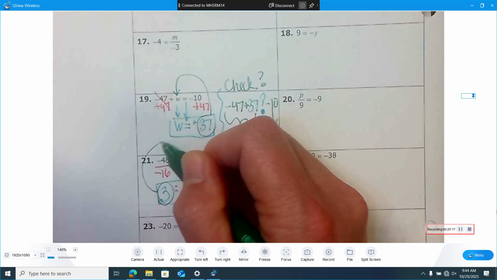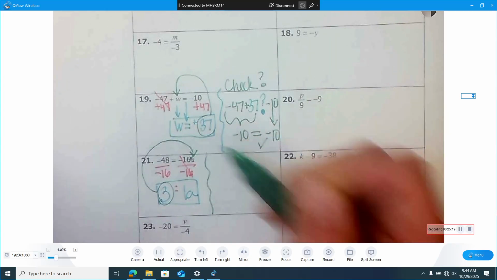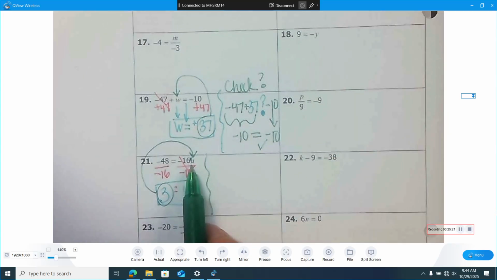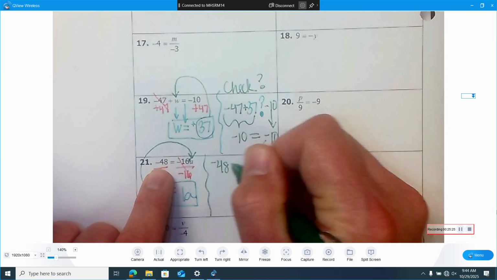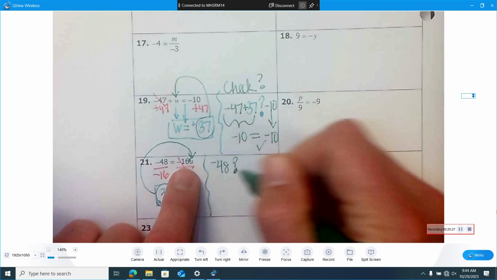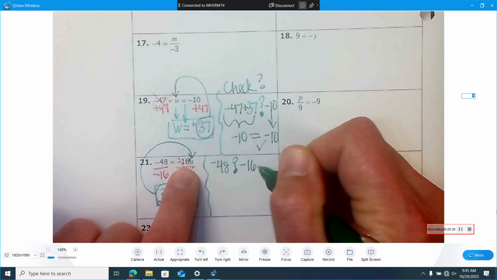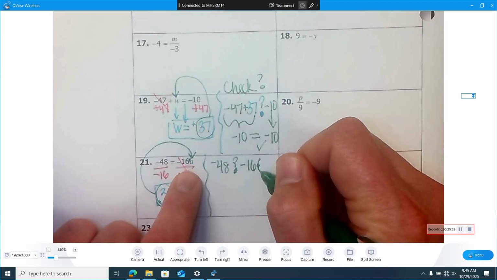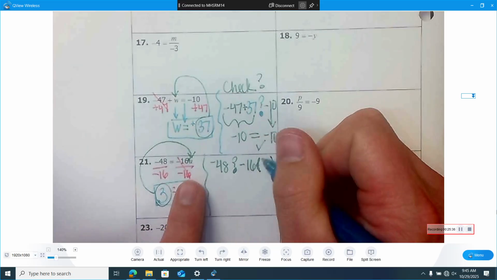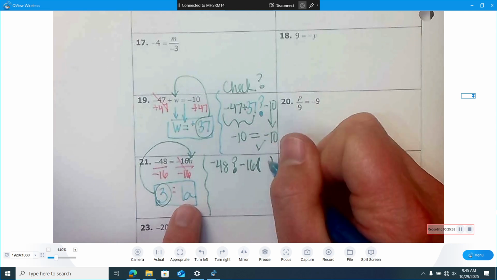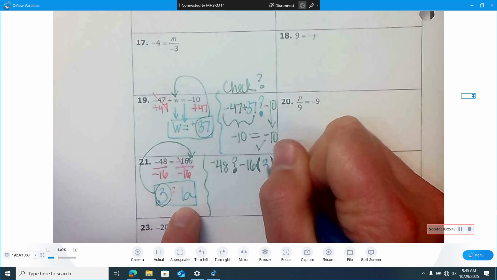We're going to take that 3 and turn it right around and plug it right back in to our equation. So I'm going to rewrite that. Negative 48. Does it equal negative 16 times? Now, I'm going to plug it in. I'm always going to use parentheses. That's sort of what I told you to do before, I think. When I plug in, you want to use parentheses.